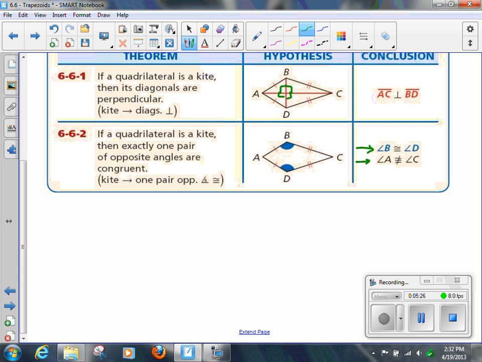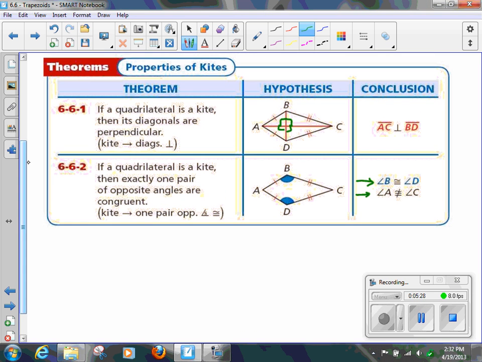Kites, there they are. I just want to point out to you potential things up here with the perpendicular diagonals in the kite. What kind of triangles does that form in that kite? Right triangles, okay? Right triangles. If I'm given two sides, then I could potentially have to find a third side using what theorem?